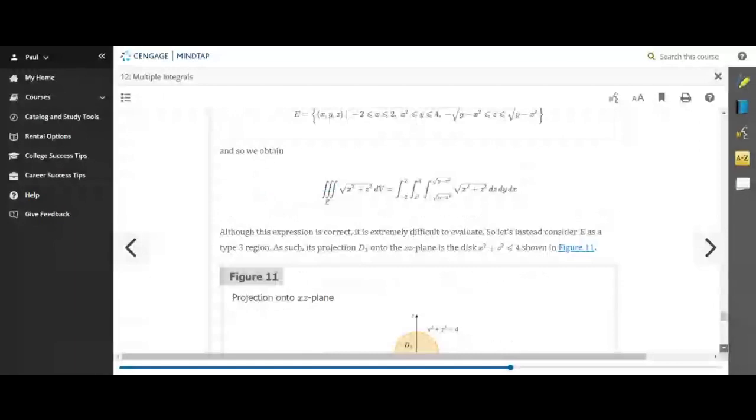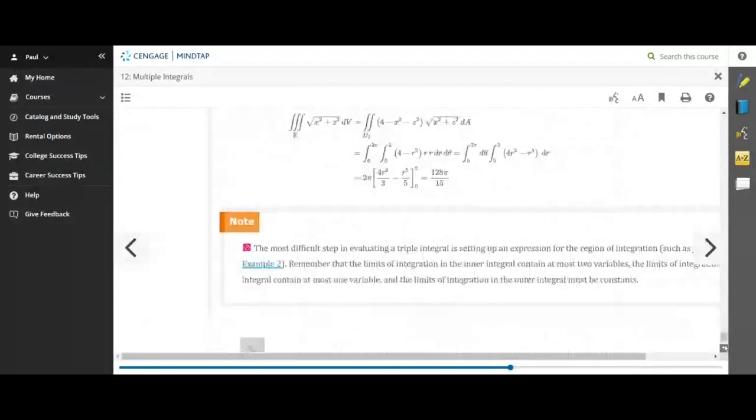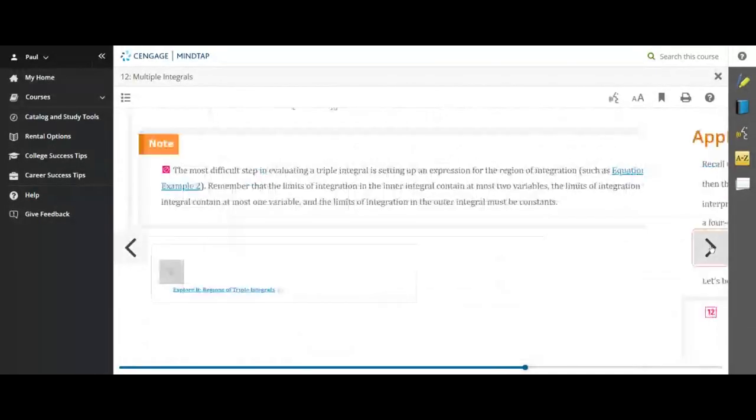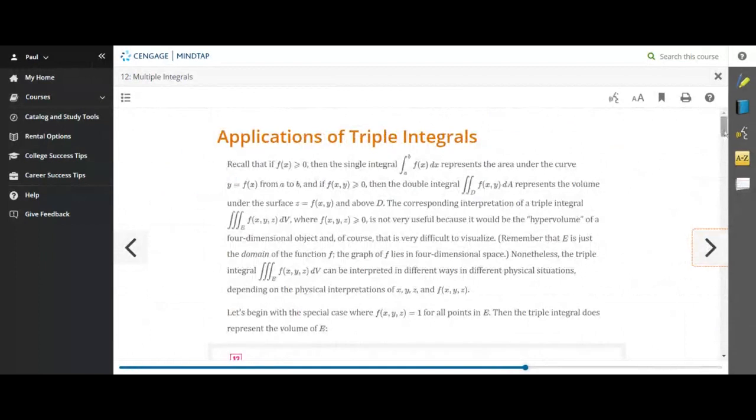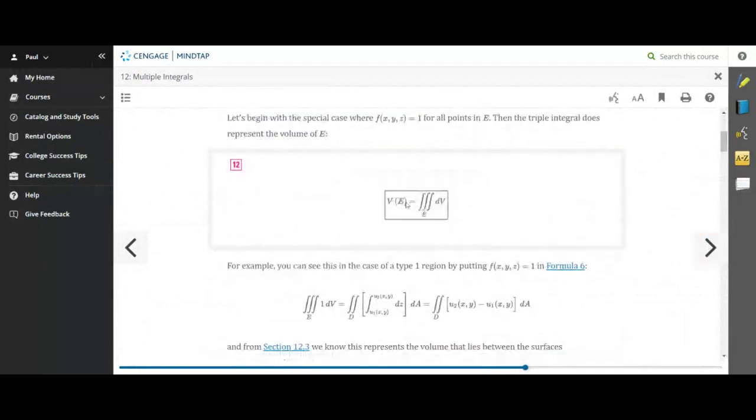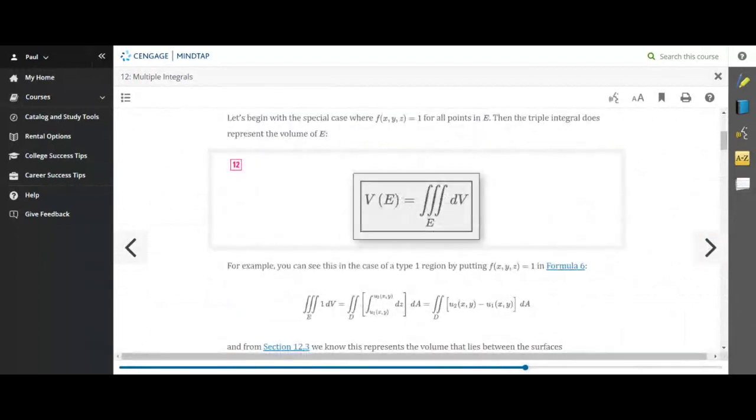If we wanted to find the volume of a solid, this would be how you do it. And it could be any solid.